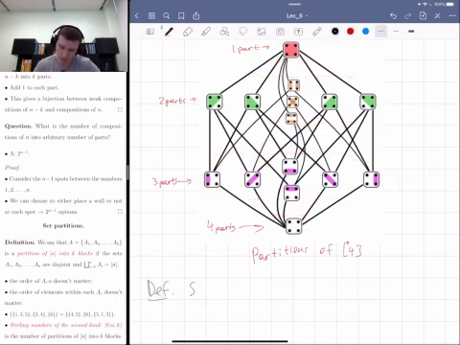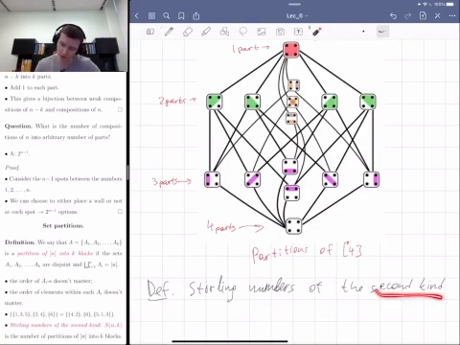We're going to study the first kind a little later, but for the second kind they are denoted S(n,k).